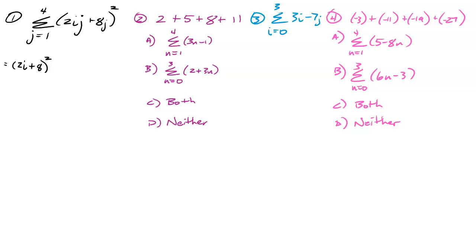The plus sign in the middle means that we can't just square both. Perfect. There you go.